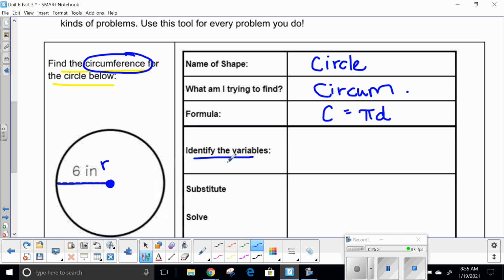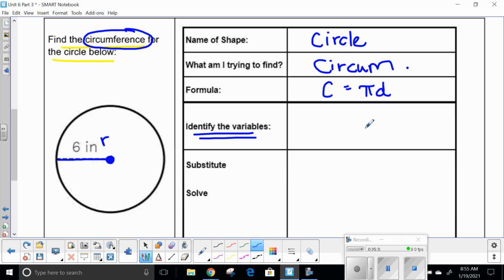Okay, now we're going to do what's called identifying the variables. So look at the formula. What variables do we need to know in order to use this to find circumference? Well, we have to know what pi is, and we know that. It equals what? 3.14.